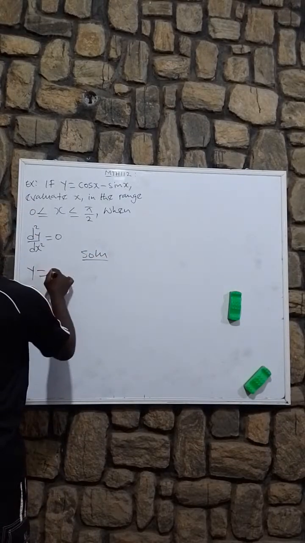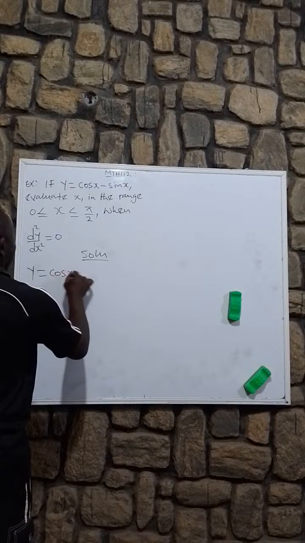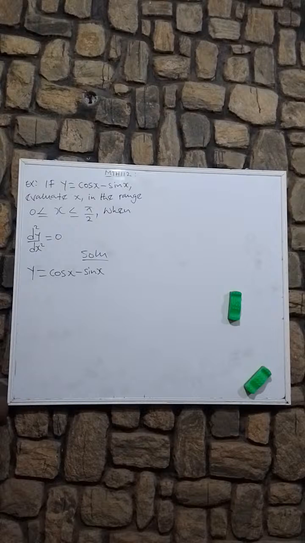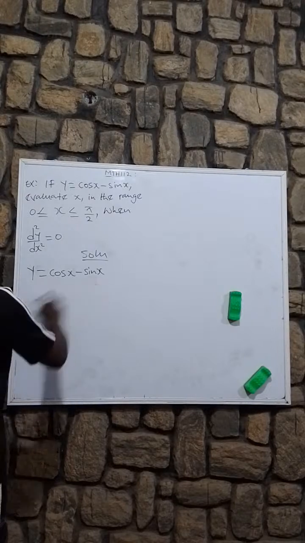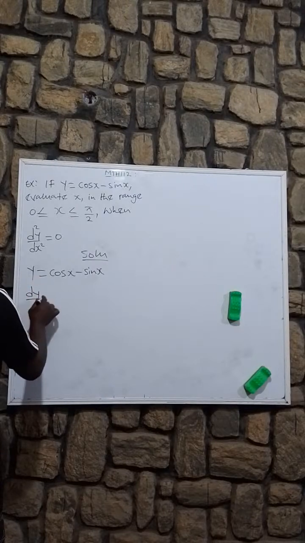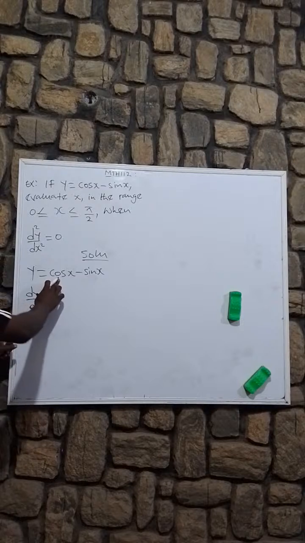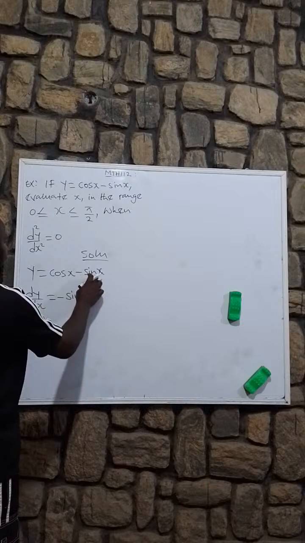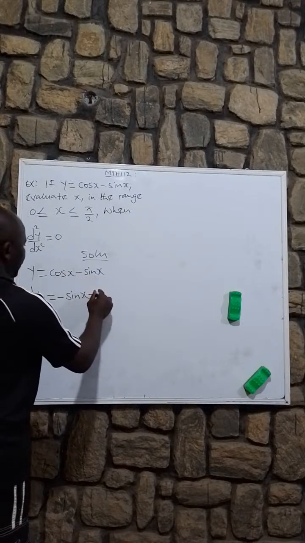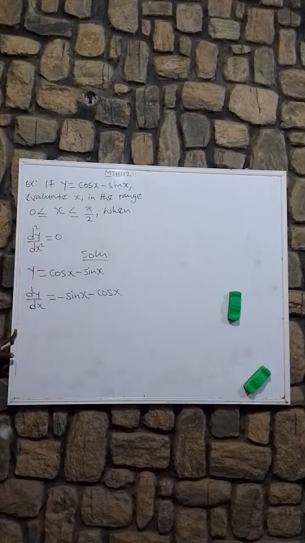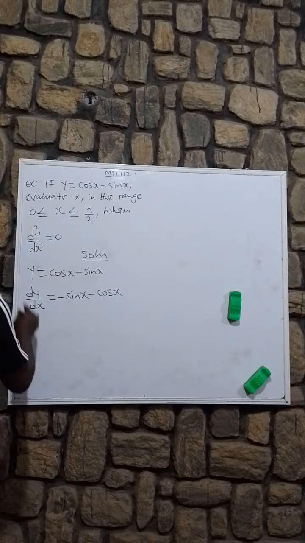Our y is equals to cos x minus sin x, right? So let us differentiate this. Once, our dy all over dx is going to give us, if you differentiate cos x, you are supposed to have minus sin x. If you differentiate sin x, you are supposed to have cos x, right? Then we have to differentiate it again the second time.